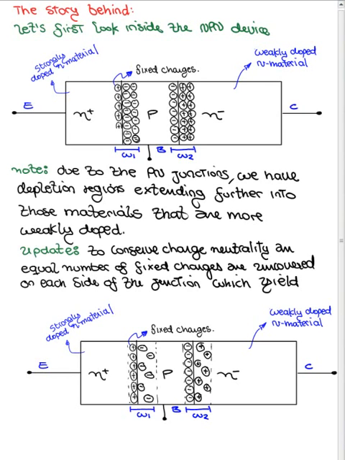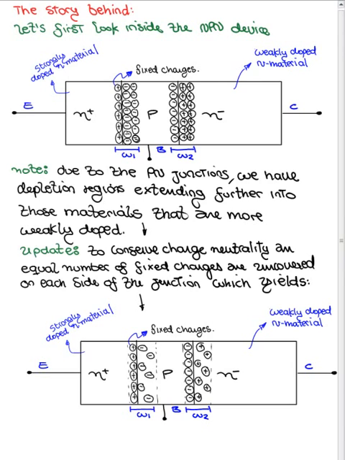Okay, and we get the final model right here, where the number of charges on one side of the junction is equal to the number of charges on the other side, but the width of the depletion region depends on how strongly the material is doped, right? Like we have it right here.